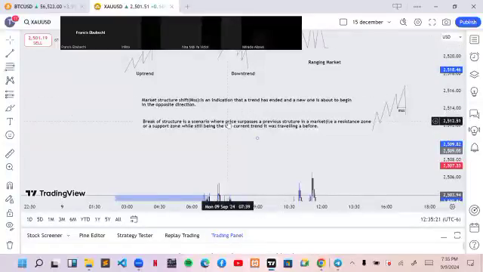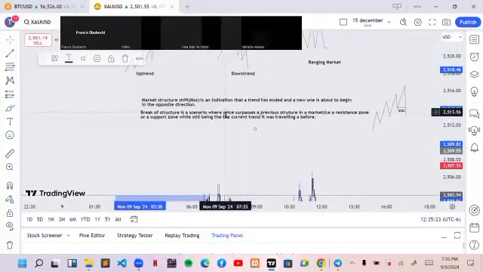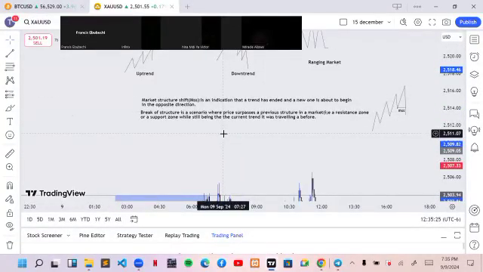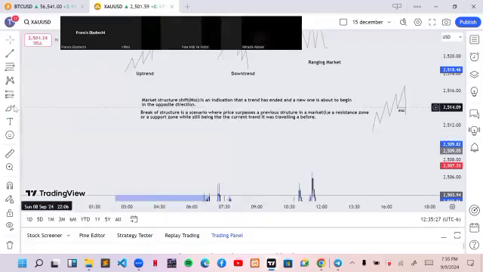So now I want to go into inducement as the liquidity, because what I use as my liquidity in this trade is my inducement. So what's an inducement?